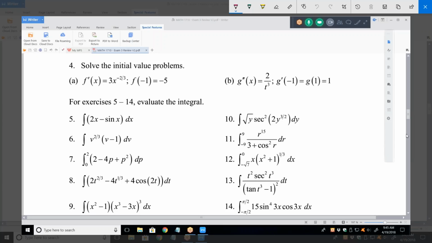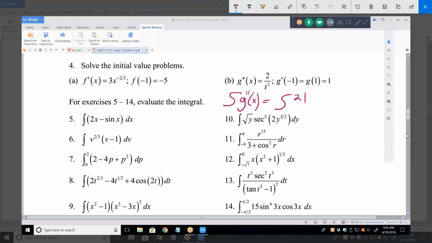So, what is the integral of g double prime going to be? It's going to give you g prime. And then you're going to integrate it again to get g. Okay? So, this is equal to the integral of 2.